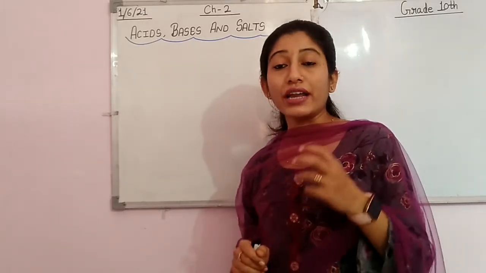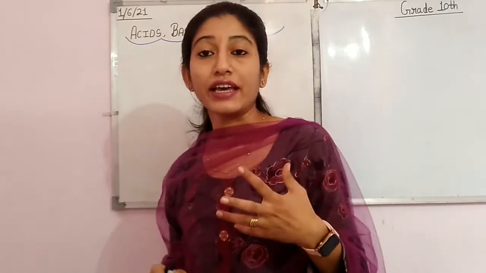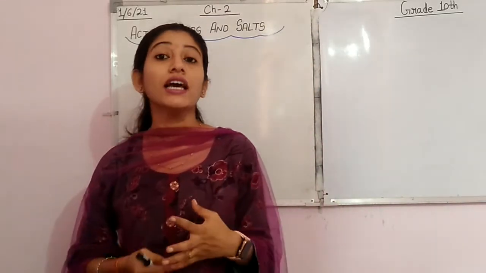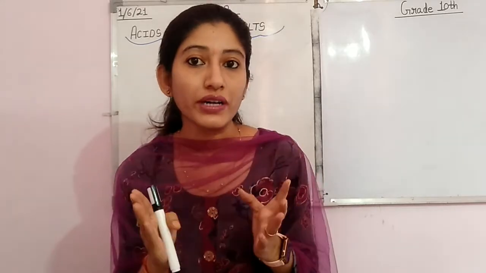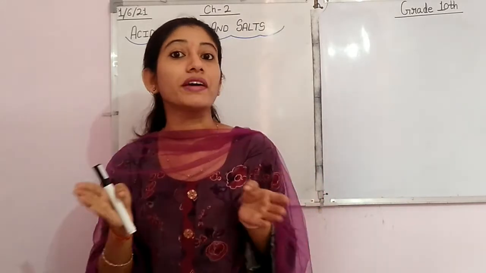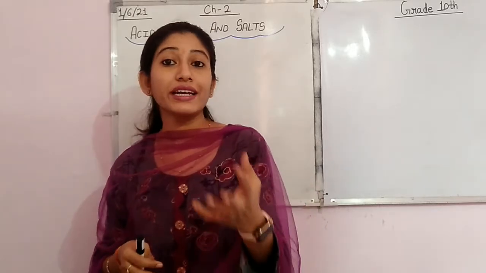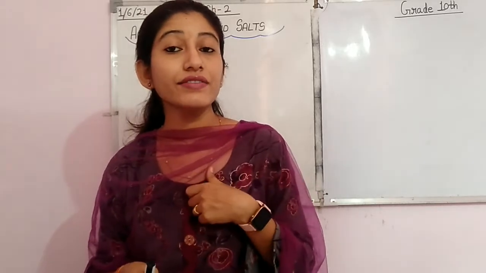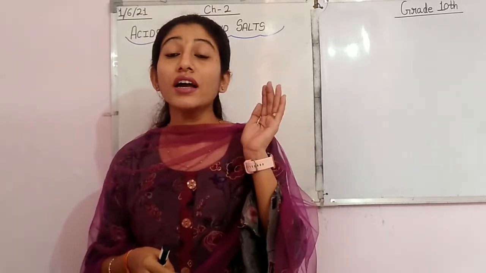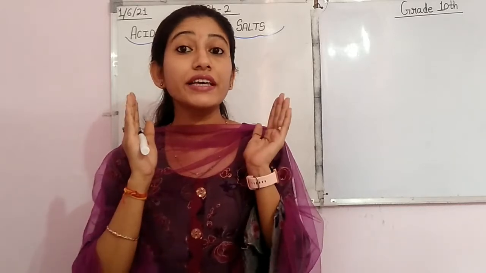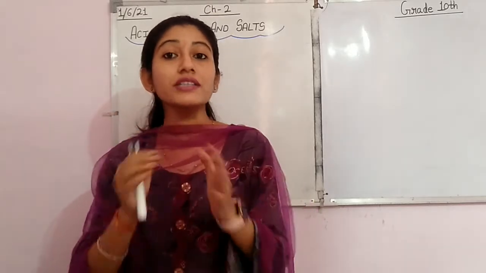Now whenever we study anything or see anything, what do we first notice? Its physical appearance, how that thing actually looks and how it feels. That is the thing we notice first.